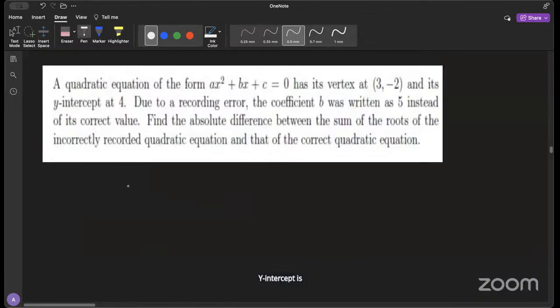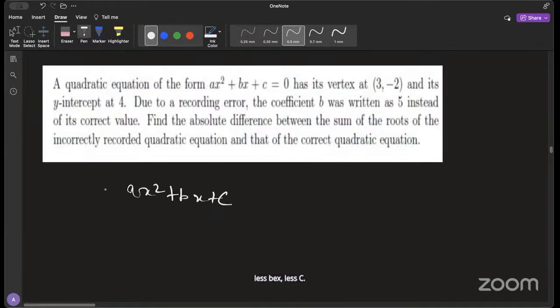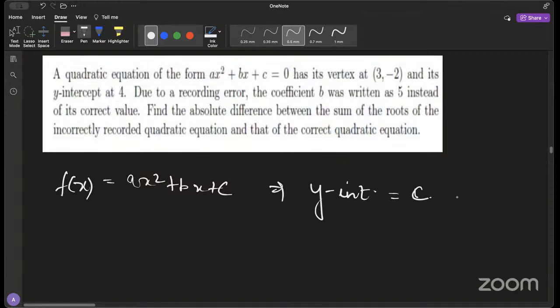And we've already discussed this, y-intercept means c here. If you have ax squared plus bx plus c, then for the y-intercept you put x equals 0 and find the value of y. That means your y-intercept is c. With the information that we have, it means we have c equals 4.